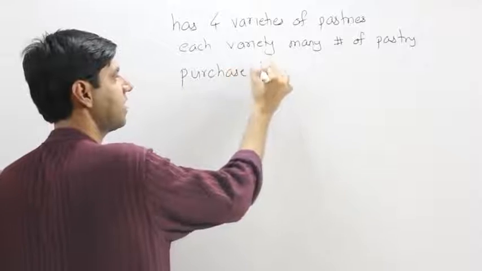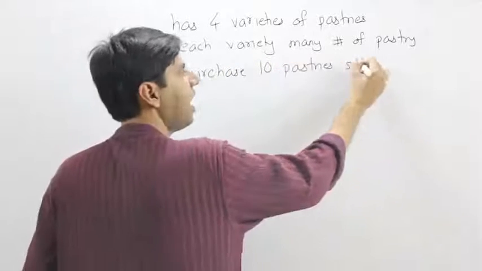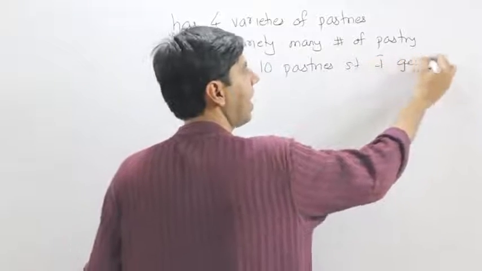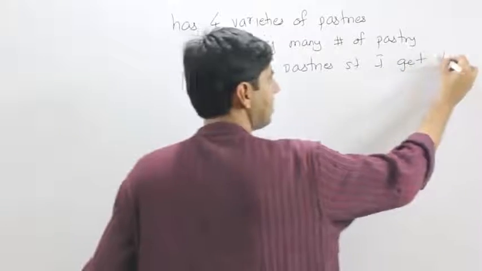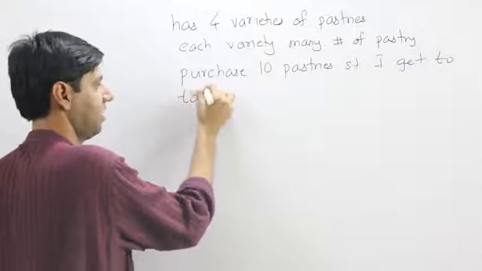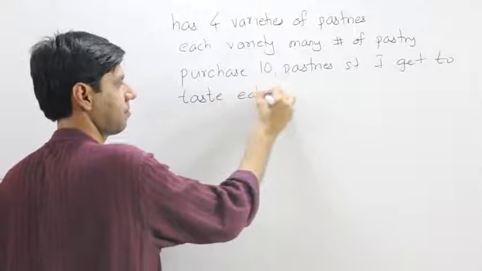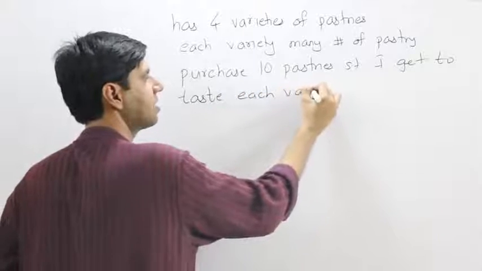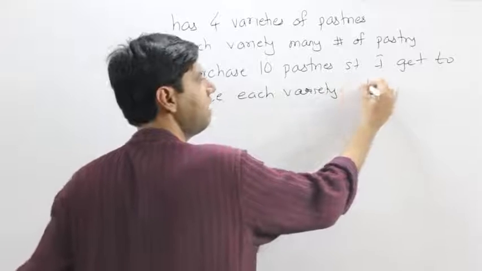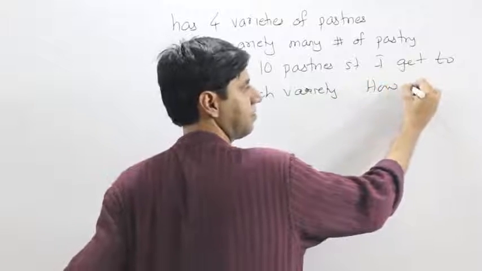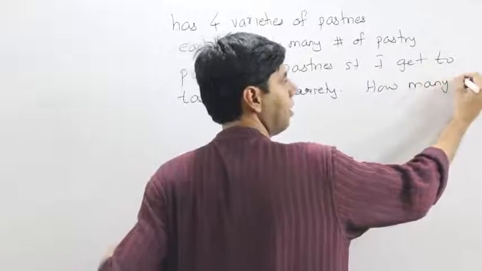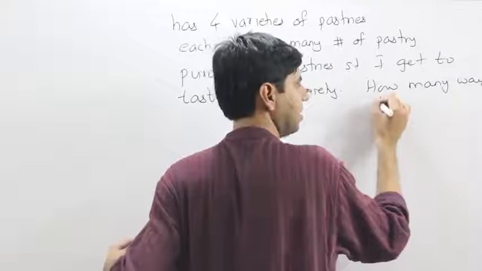I want to purchase 10 pastries such that I get to taste, let's say, each variety. And the question being asked is, in how many ways can I make the purchase?